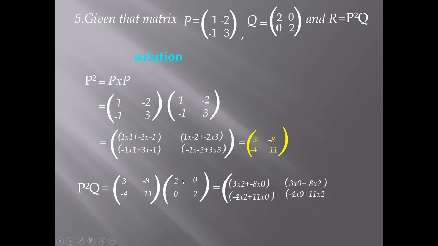Then negative 4 times 0 plus 11 times 2. We now compute to have 6, negative 8, negative 16, and then 22. So our matrix P squared Q is 6, negative 8, negative 16, 22.